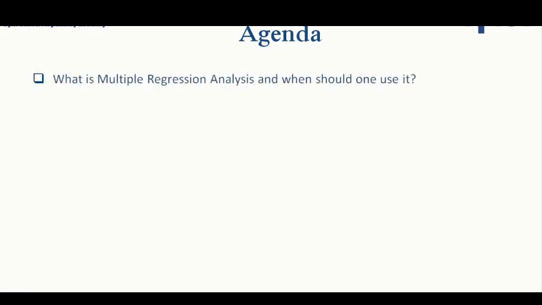This could be clear from the model fit of bivariate regression giving us a very low value of coefficient of determination. So, one of the reasons for that could be that we have not taken into account other factors which are responsible for creating the variation in the dependent variable.